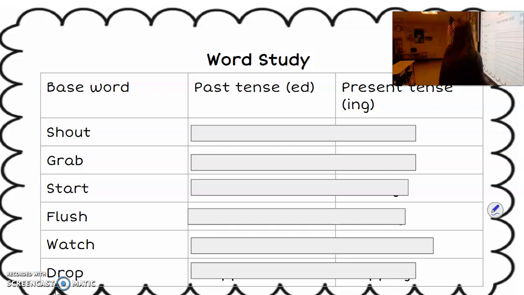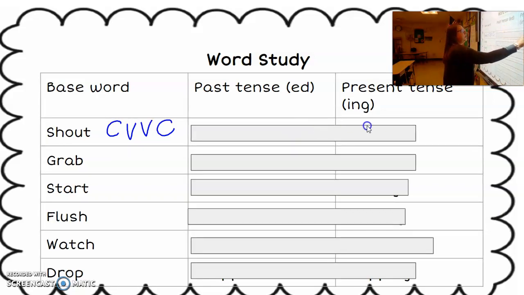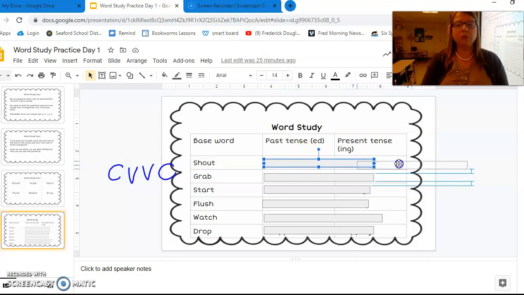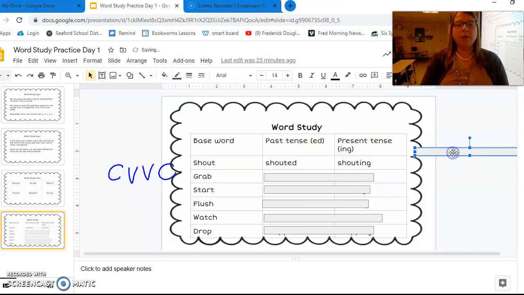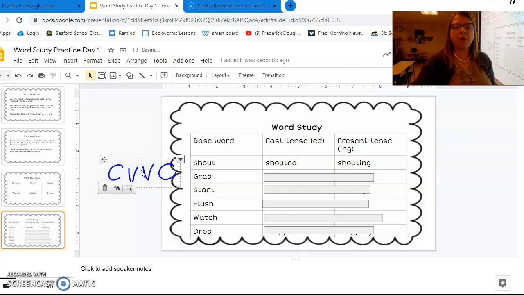We know that the word shout, we said that this is CVVC. Okay, so with the word CVVC, when we add ed or ing, we do not have to double before putting the words in the past tense or present tense. Okay, we do not have to double the final consonant.